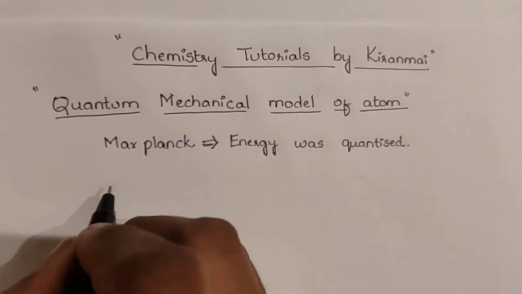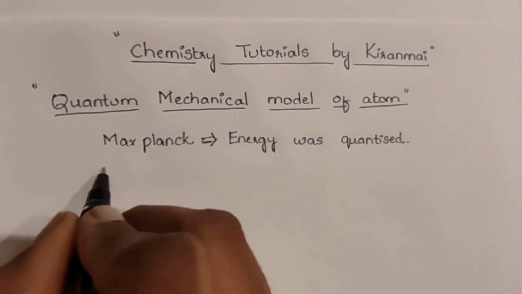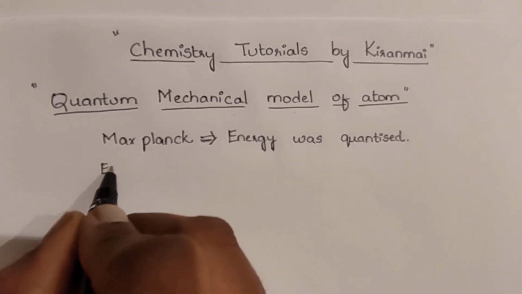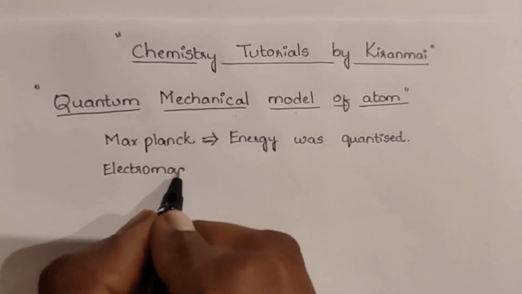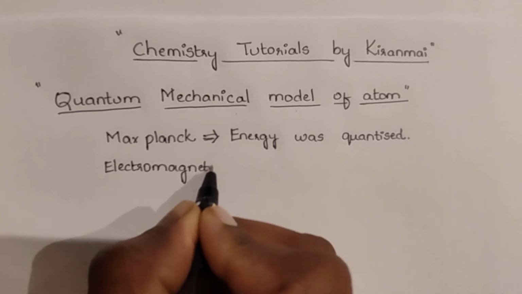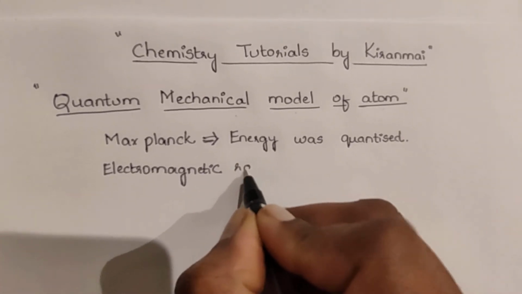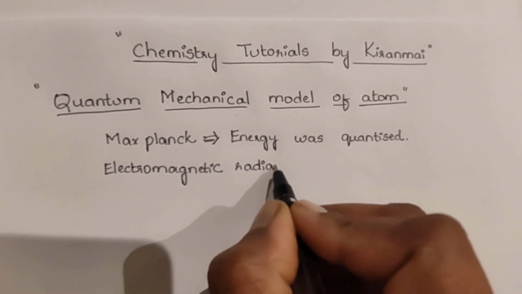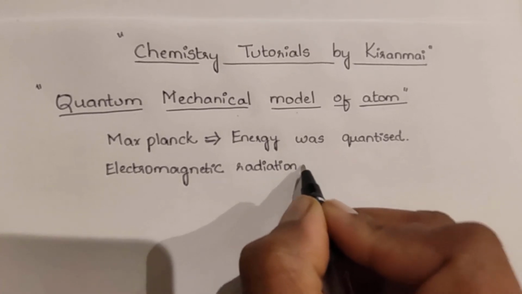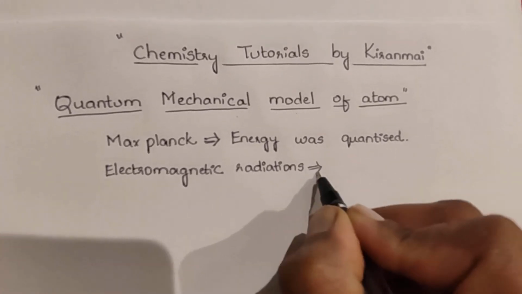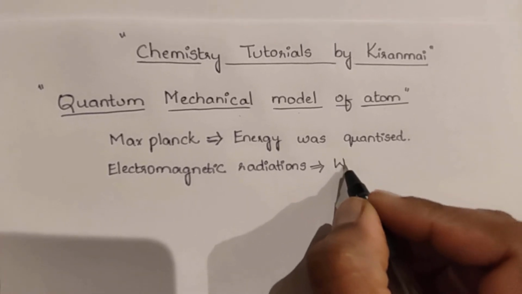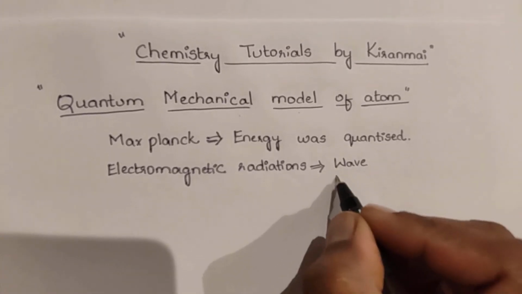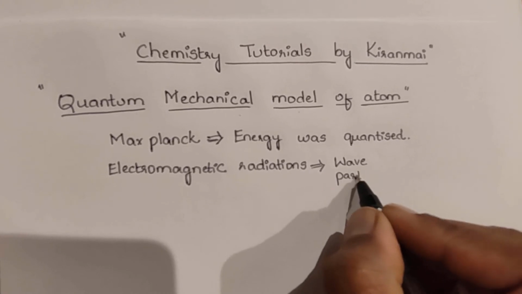Later on, the scientific developments proved that the electromagnetic radiations have dual nature. That is, the electromagnetic radiations have both wave nature and particle nature.